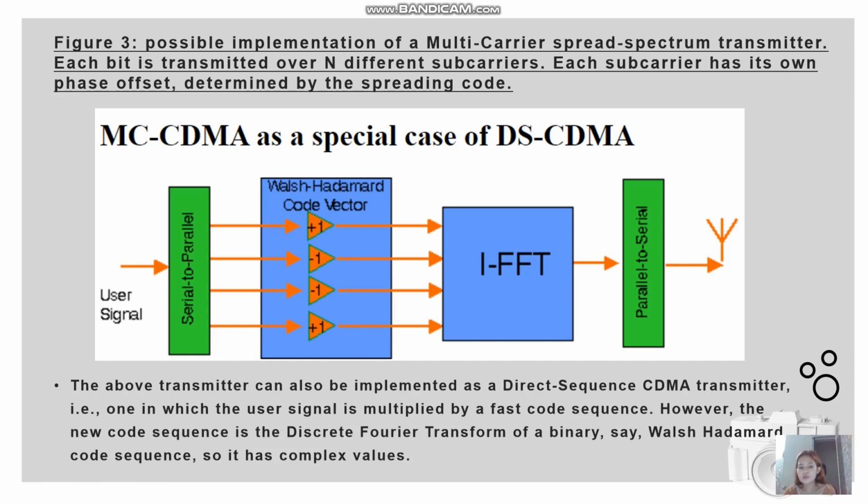However, the new code sequence is a discrete Fourier transform of a binary, say, Walsh-Hadamard code sequence, so it has complex values. These are the Walsh-Hadamard code vectors shown here. This is the inverse FFT, and the user signal comes from here, going to this part.